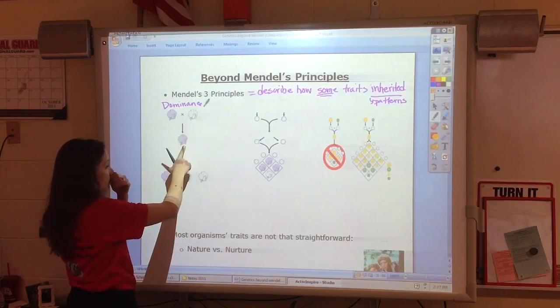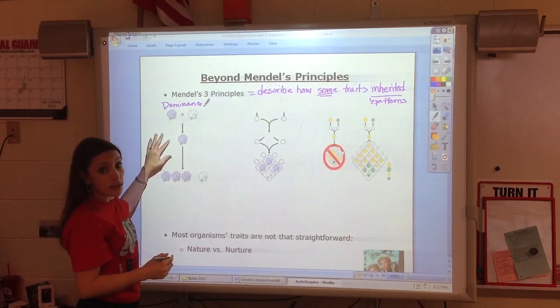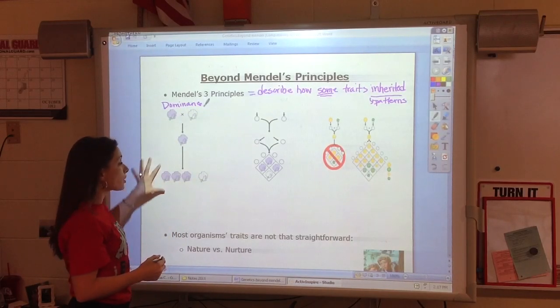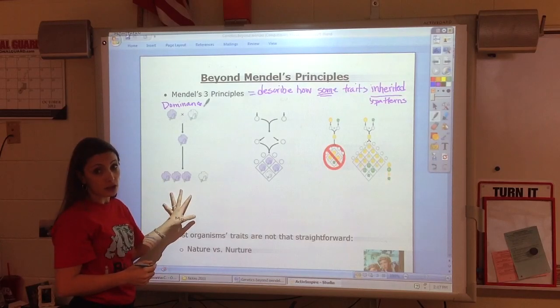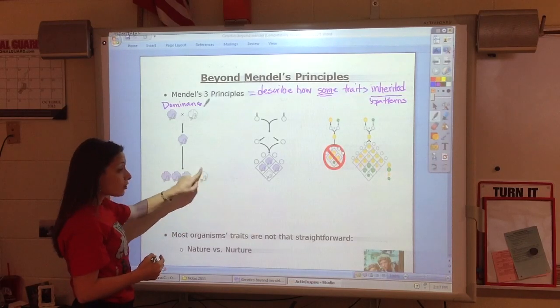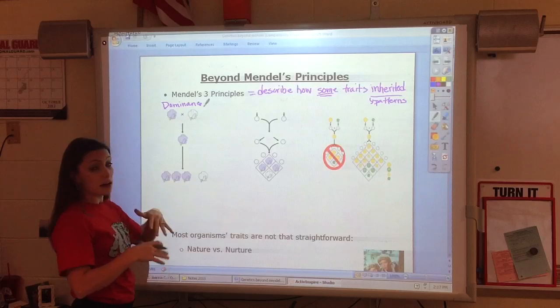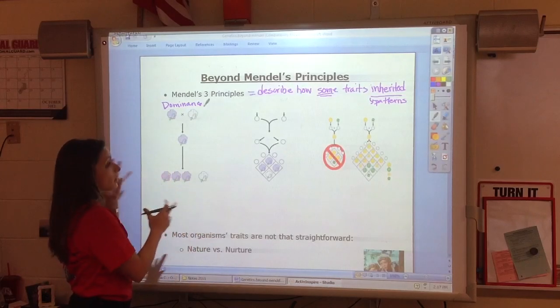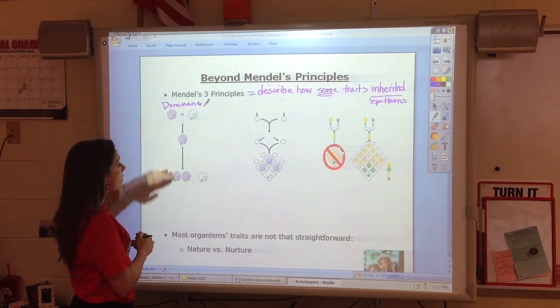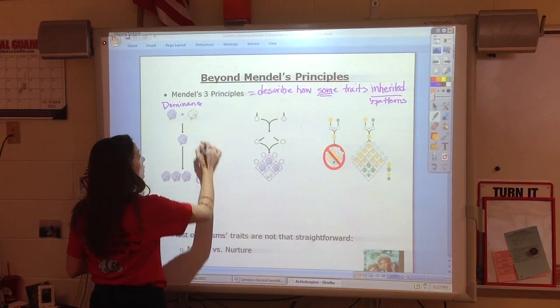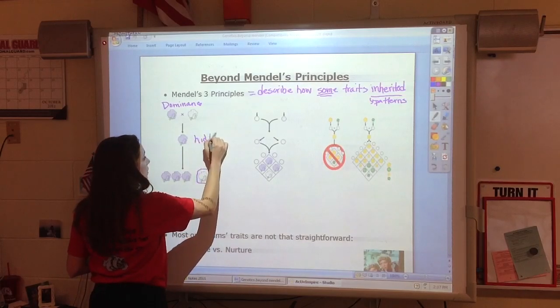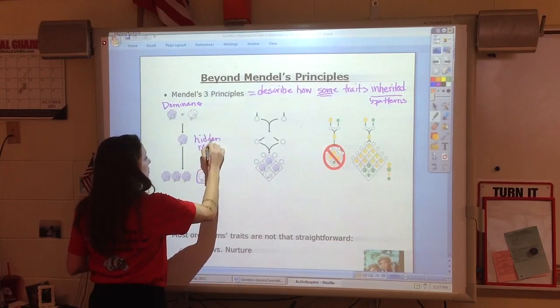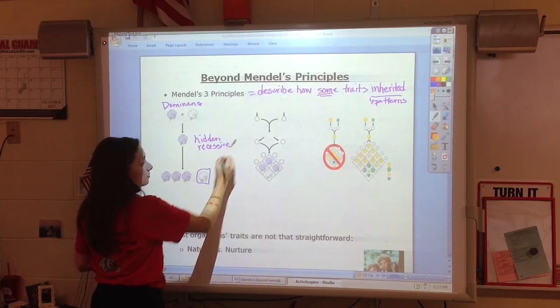That one version or allele of a gene is stronger than the other versions. But the weaker version, the recessive, is not missing, it's just hidden. So the concept that the recessive is hidden by the dominant.